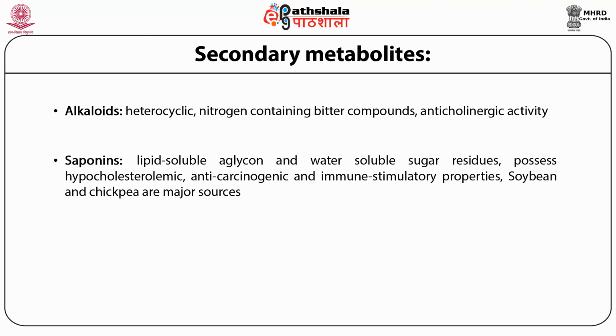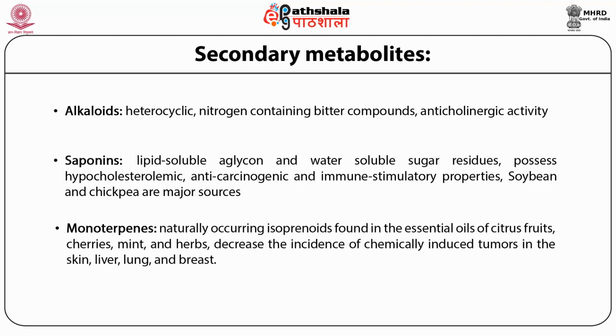Main sources are soya bean and chickpea. Monoterpenes are naturally occurring isoprenoids found in essential oils of citrus fruits, cherries, mint, and herbs; they decrease the incidence of chemically induced tumors in the skin, liver, lung, and breast.